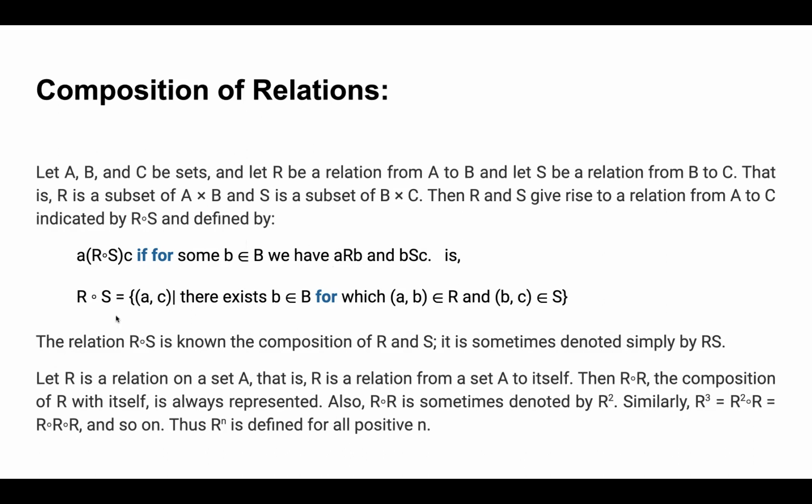Here R composite S is equal to AC, where there exists B belonging to B for which (A, B) belongs to R and (B, C) belongs to S. What we are doing is composition of these two sets.